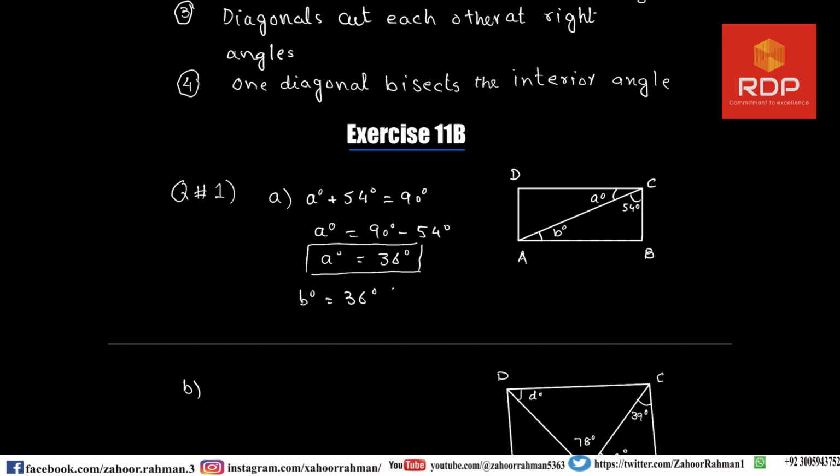We will utilize our previous knowledge, and that is alternate angles, because these are parallel lines and you can consider this one as a transversal line. So it means that A degree will be equal to B degree due to the alternate angle theorem, and that is why we wrote it here.